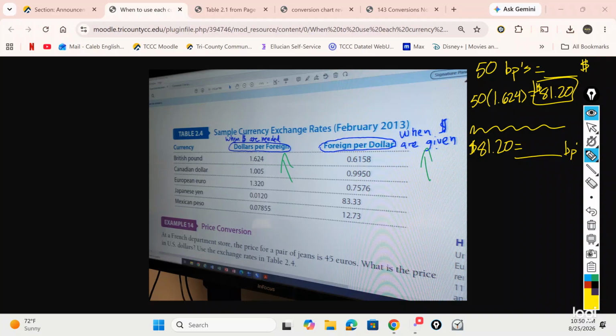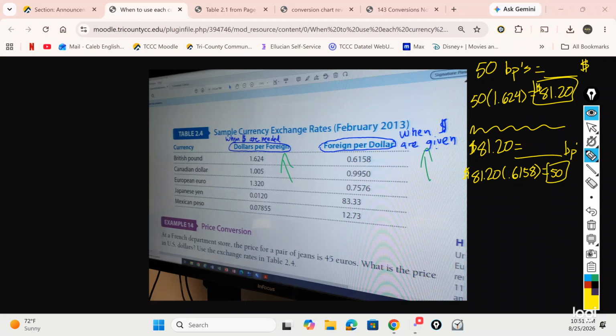Then that means we would take that 81.20 in dollars, and we're going to multiply that by 0.6158. All right, so 81.2 times 0.6158. That's going to give us 50 British pounds, or 50.00296 British pounds. All right, so there you go.